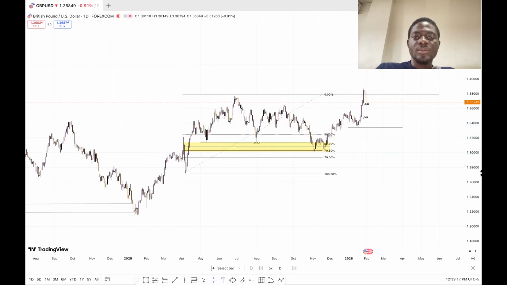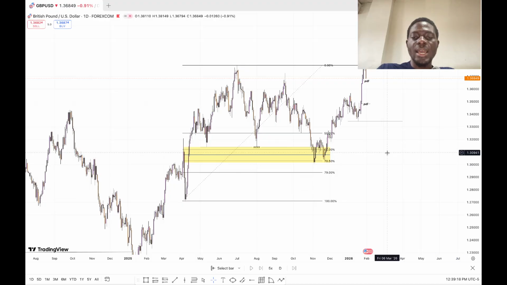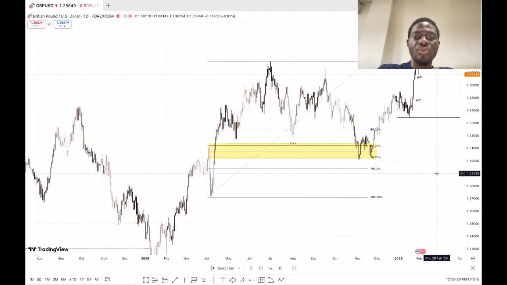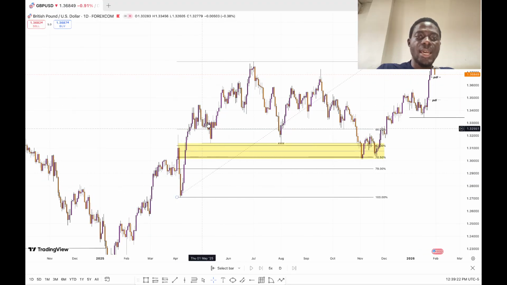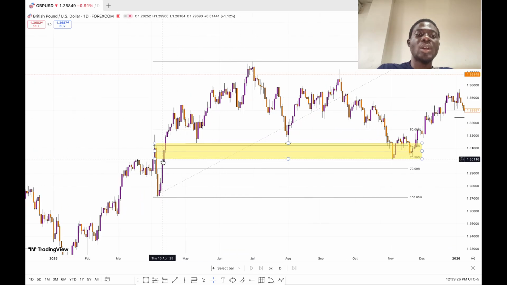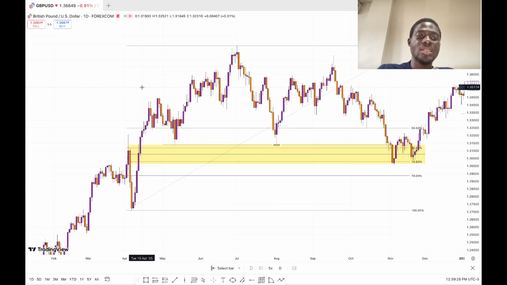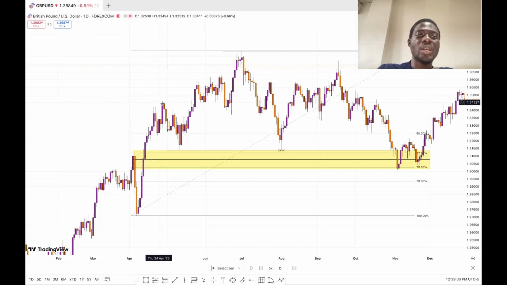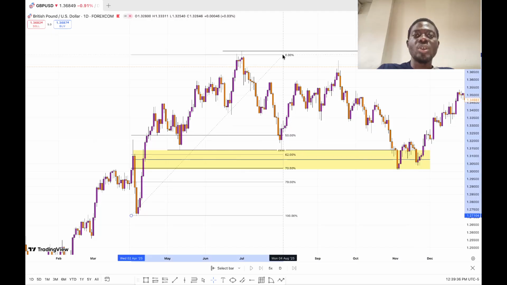So now we are looking at the highest point in price. We are looking at the sharp moves in price. You understand? So from here to here, we understand it was an impulsive move all the way up to this point. You get it? So now we anchored it to this point.